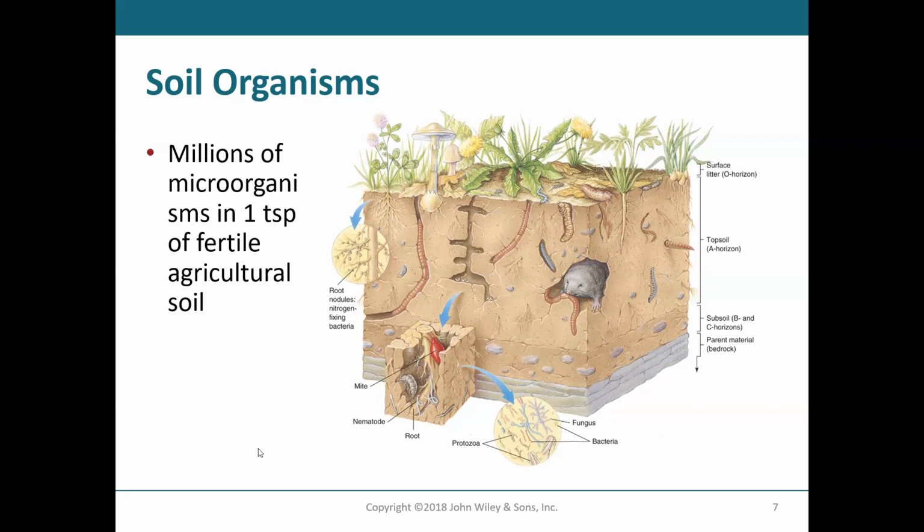They break down toxic pollutants, they cleanse water, and they even affect the composition of the atmosphere because these microorganisms can be nitrogen fixers, which if you remember from one of the earlier chapters, nitrogen is an essential element that occurs as a gas in the atmosphere and needs to be fixed by microorganisms on roots to then be used by plants.